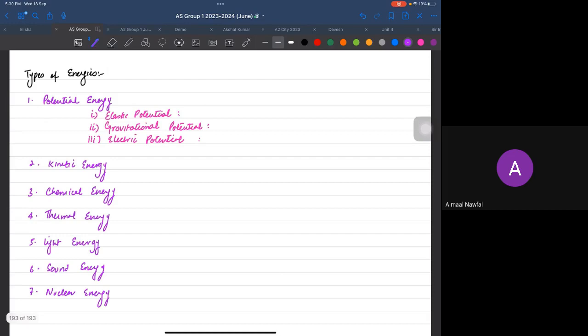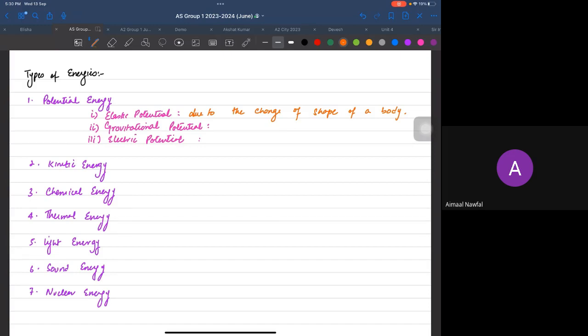Now, when it comes to elastic potential, it is due to the change of shape of a body. So if you compress something or stretch something, whatever you do, that basically stores elastic potential energy.